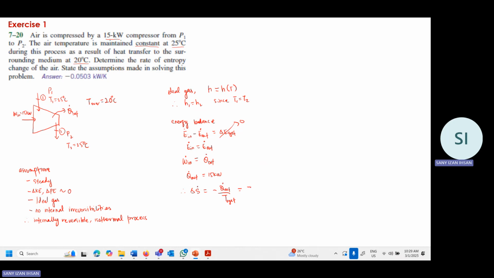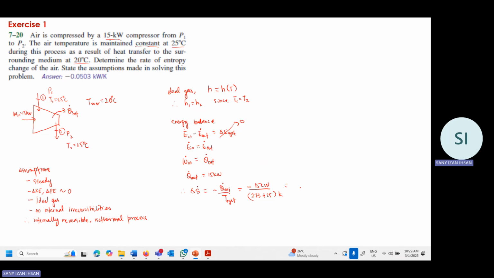Therefore, just substitute minus 15 kilowatt and temperature of the system, 25 degrees Celsius, but remember T here is in Kelvin, so you have to convert to Kelvin: 273 plus 25 Kelvin.